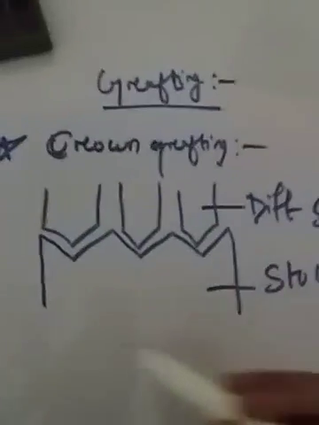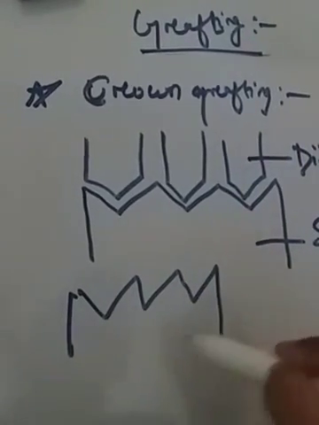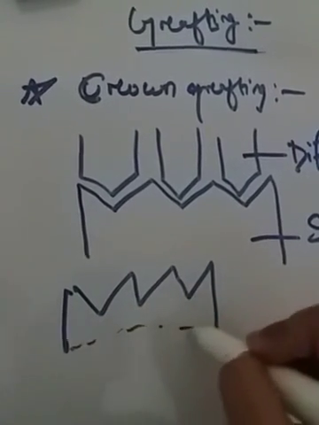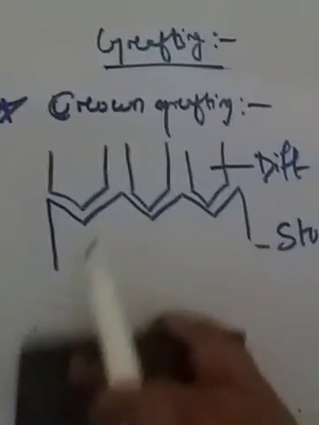Different types of scion but one major stalk. This is crown grafting, because the shape is like a crown, like this, crown shape. Here people used to wear the crown. So this was about crown grafting.